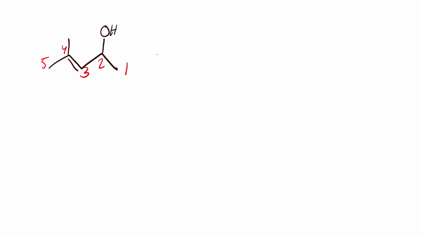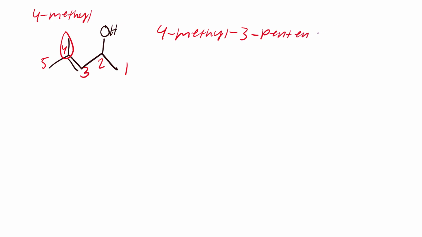So let's see our substituents. We have a methyl on the 4, so that's 4-methyl. Do I have anything else? There's a double bond on the 3rd carbon, and we will say that this is a 4-methyl-3-pentene, and instead of saying pentene, we will say that this is a 2-ol.